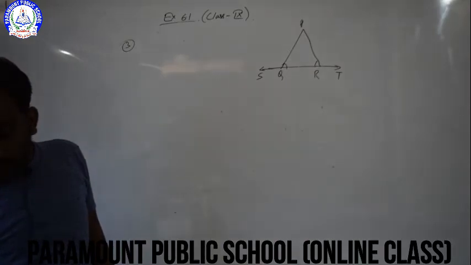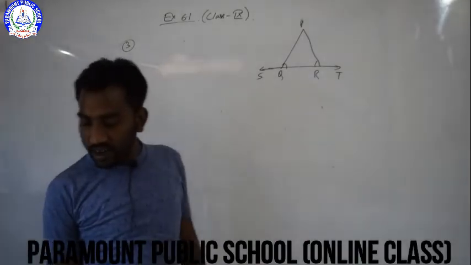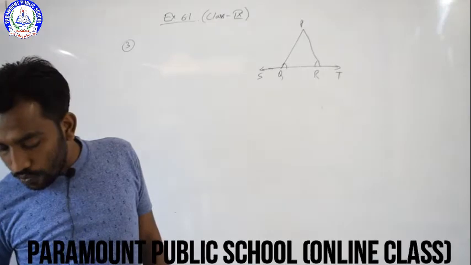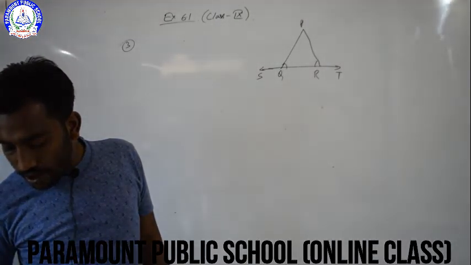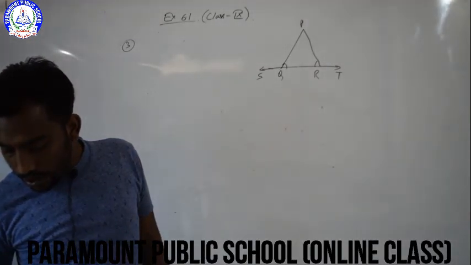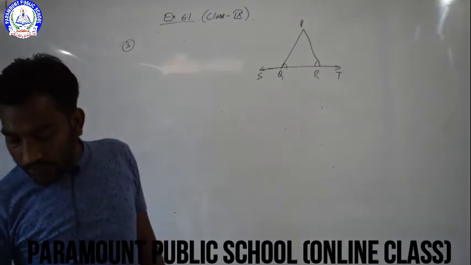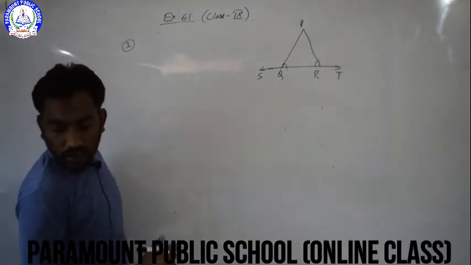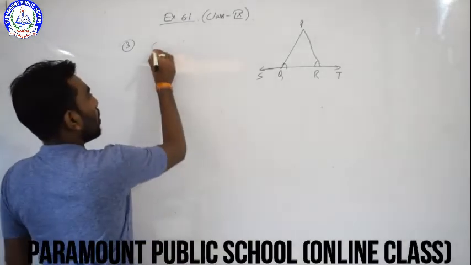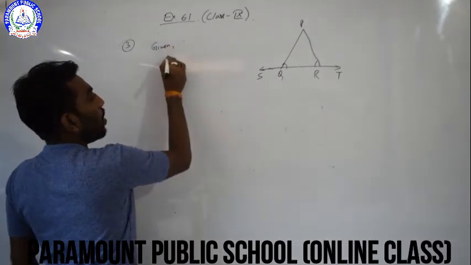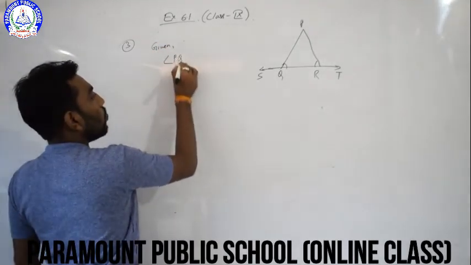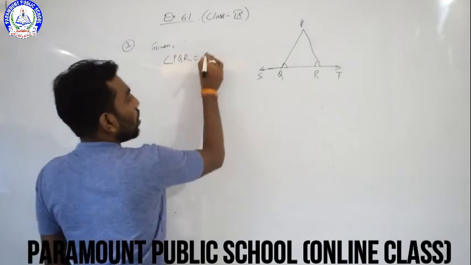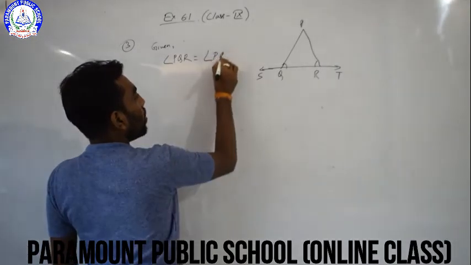Now what is the question? In the given figure, ST is a straight line and QP stands on it. So in the figure, angle PQR is equal to angle PRQ. They have given, angle PQR is equal to angle PRQ.